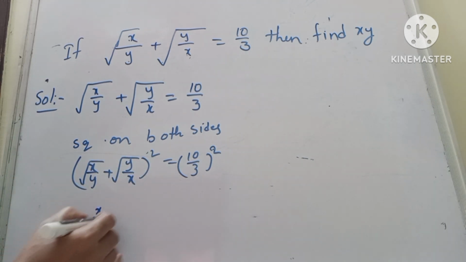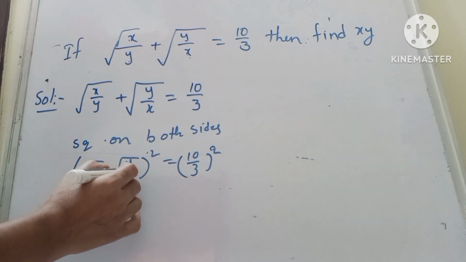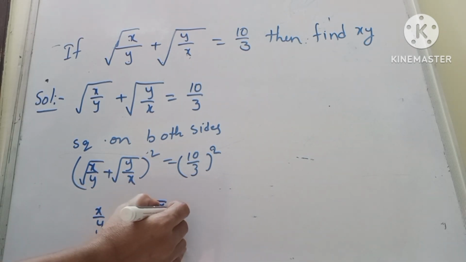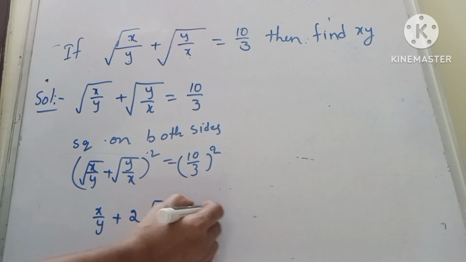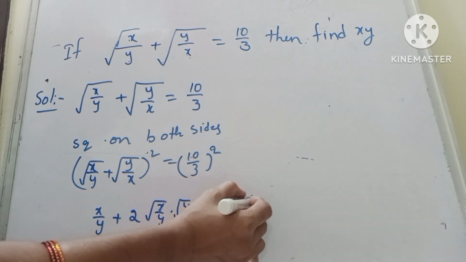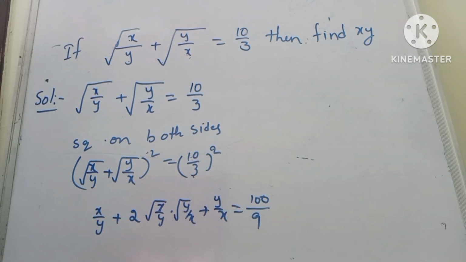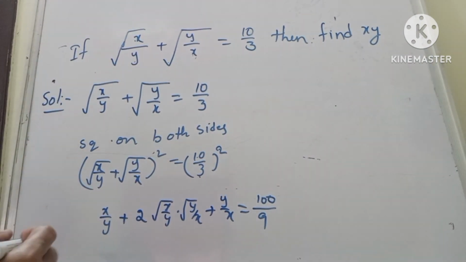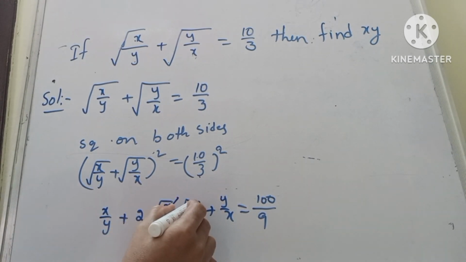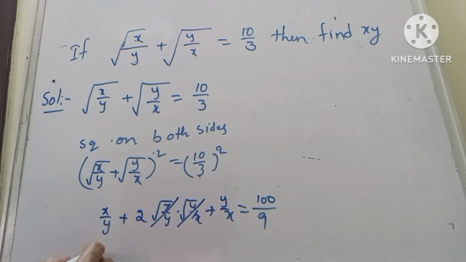Then we get x by y plus 2ab, that is 2 times square root of x by y times square root of y by x, plus y by x, equal to 10 square is 100, 3 square is 9. Now look at this: in the middle term, root x by y times root y by x cancels out. Then x by y plus 2 plus y by x is equal to 100 by 9.